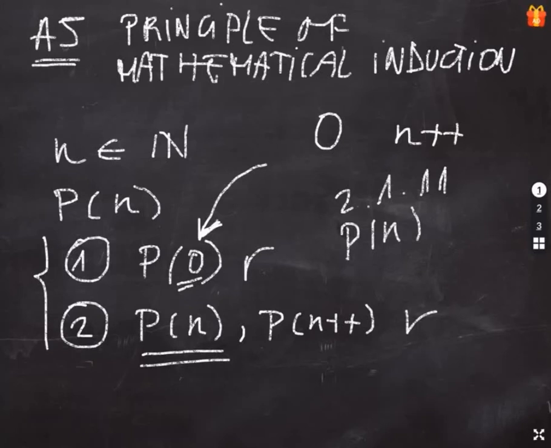You first verify the base case 0. So you have to prove P(0). Then you suppose that P(n) has already been proven. Now you prove P(n++), and when you do that, P(n) will be true for all natural numbers n, which is exactly the same thing I had said before.